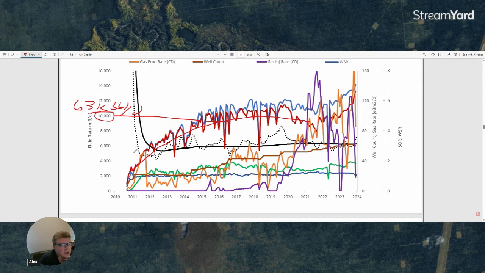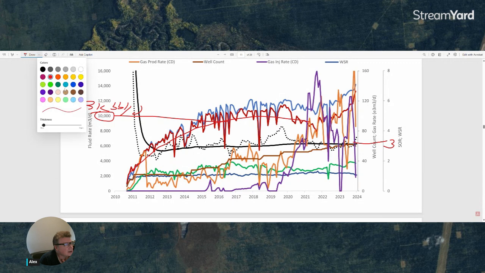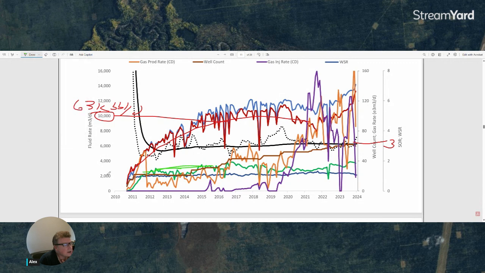And if your SOR here is closer to 3, then oil production rate should be 20-something, agree? So when we look at the green line, we're at about 2,000 cubes. That will be just over 12,000 barrels a day, 13,000 barrels a day. And here we go a little bit higher towards 3.